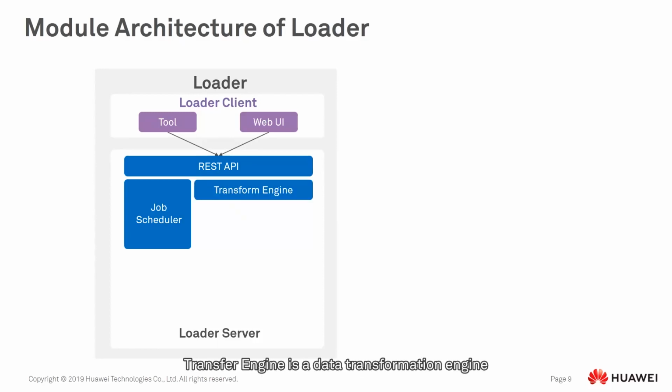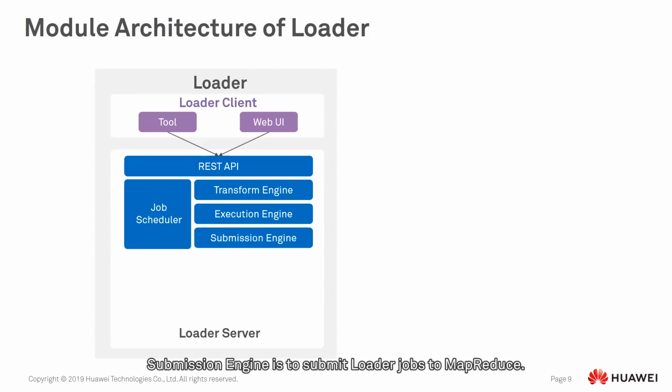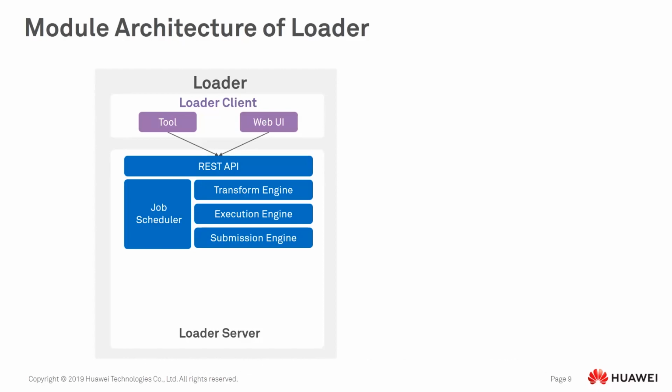Transfer engine is a data transformation engine that supports field combination, string cutting, and string reverse. Execution engine is to execute Loader jobs in MapReduce manner. Submission engine is to submit Loader jobs to MapReduce.